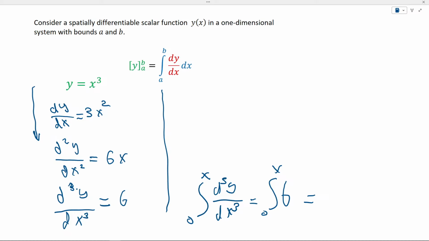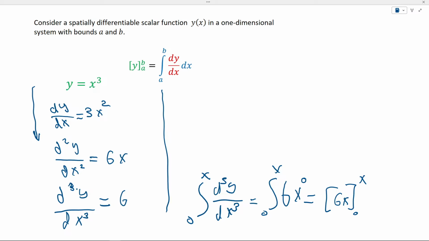So if I integrated this, that's x to the power of 0. I will just add 1 here, so that would be x to the power of 1, and then I will divide this by 1. So basically I will get 6x, and that's evaluated from 0 to x. See here, that's what I got when I integrated this guy.